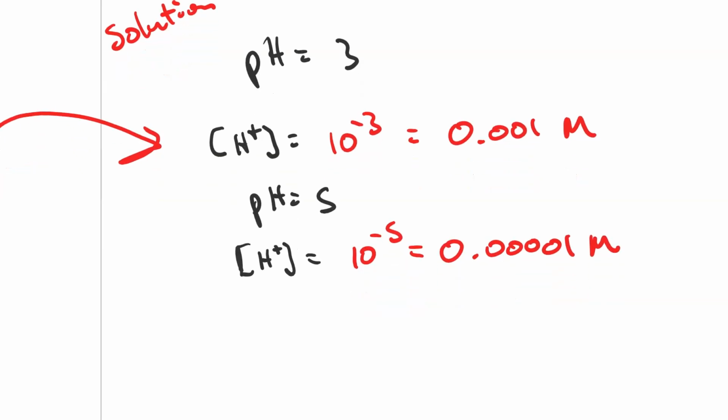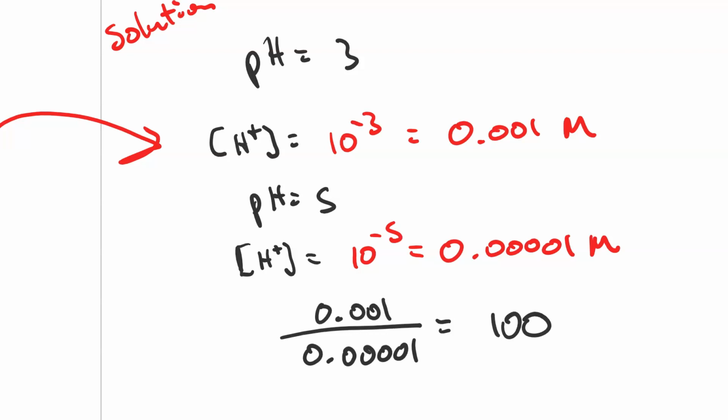And so now I just make a quotient with those two numbers. 0.001 over 0.00001. And I punch that into my calculator. And I get 100. So in other words, a solution at pH 3 is 100 times more acidic than a solution at pH 5.